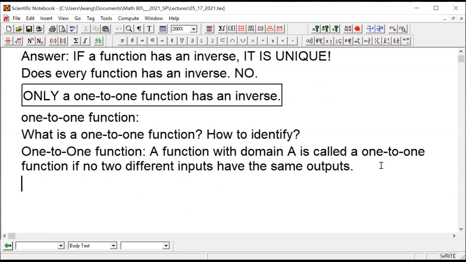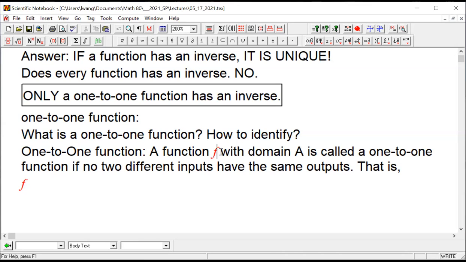Suppose I call the function f, with domain A, and it works on input 1. It also works on input 2.